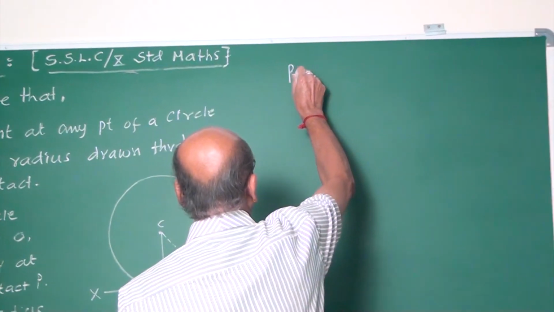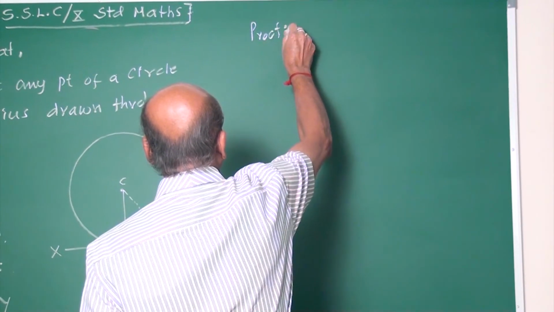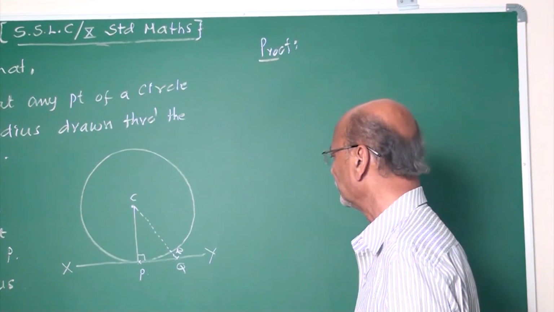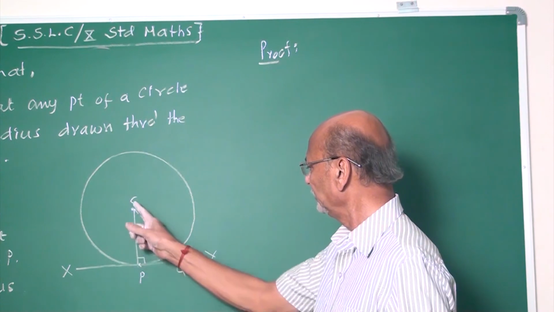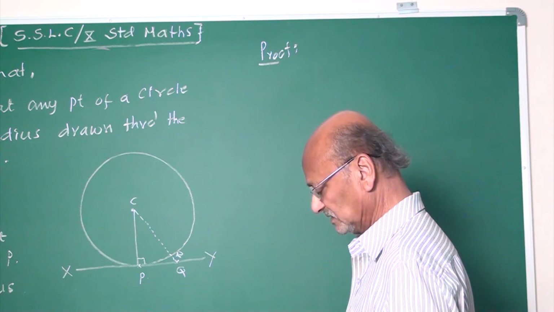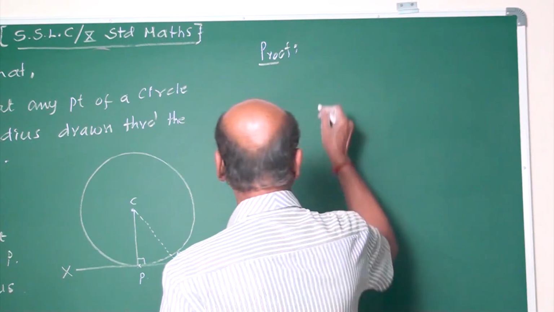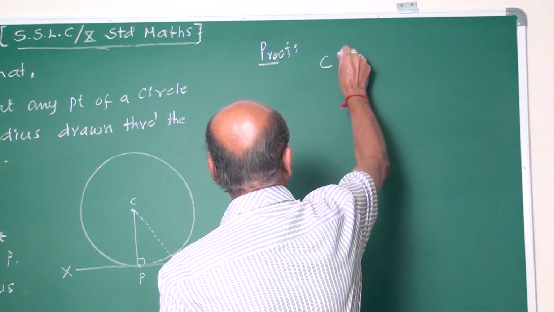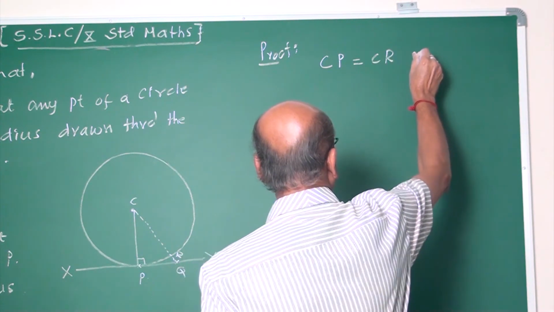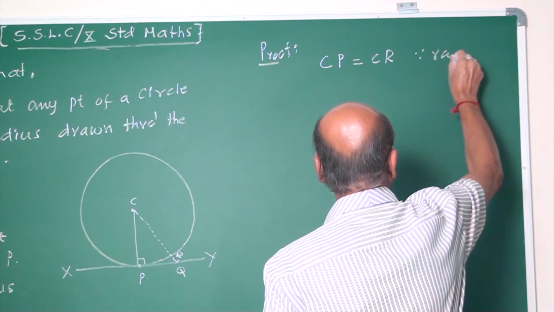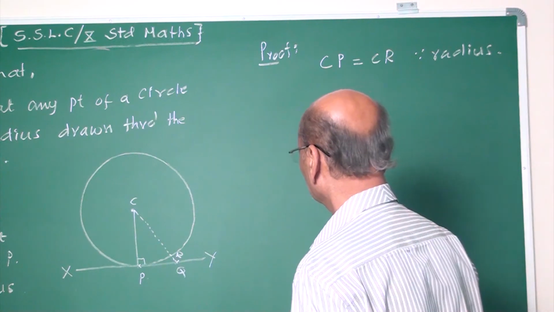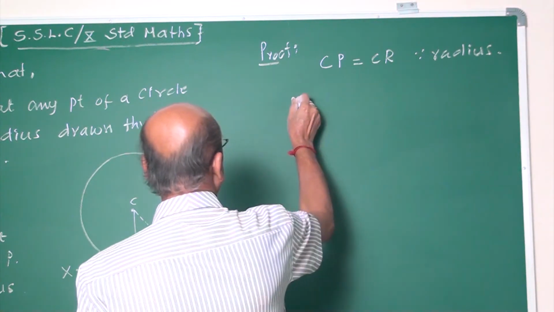Proof. CP equal to CR, because it is the radius of the circle. Radius means it is equal. Then what is CQ equal to?